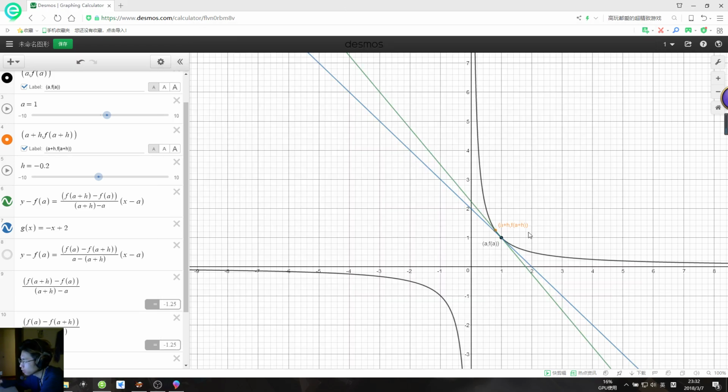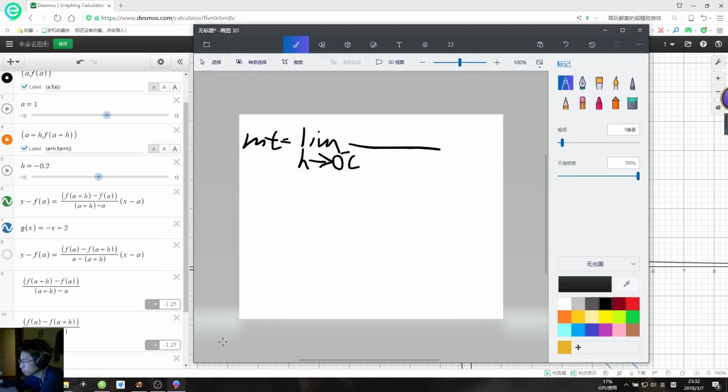Here a plus h is on the above, so I can write this minus a, which is just this. Here's the formula of the slope of the secant, f at a plus h minus f at a.